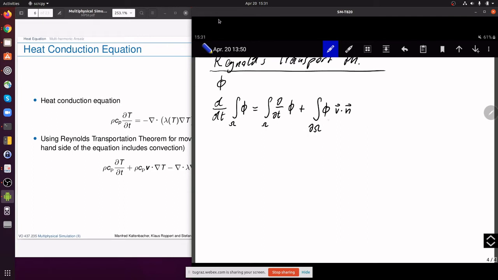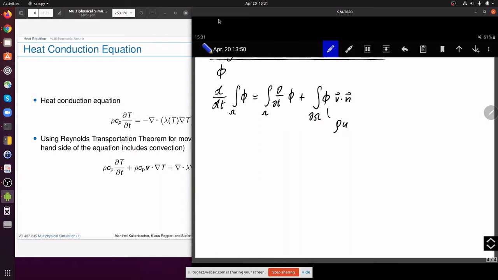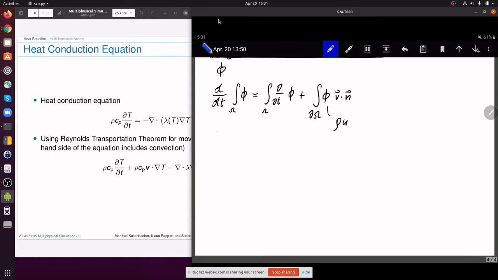And if we set this phi to rho u, where u is the specific inner energy as before, and we insert this, we have the time derivative of rho u plus the boundary term rho u v in n.